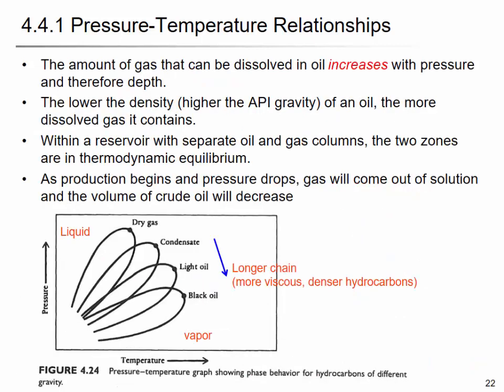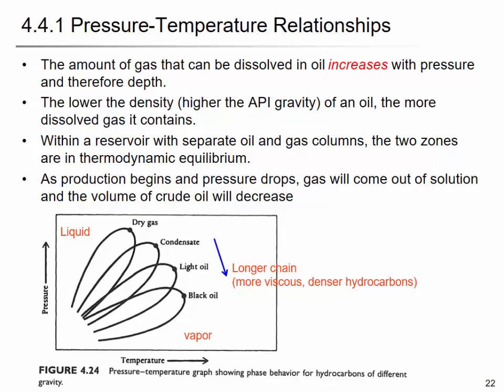This phase equilibrium will vary depending on the molecular weight and the viscosity of your hydrocarbon. From light oil to heavy oil, from low molecular weight to heavy molecular weight, the phase diagram will shift like this. So here's the liquid region and the vapor region.